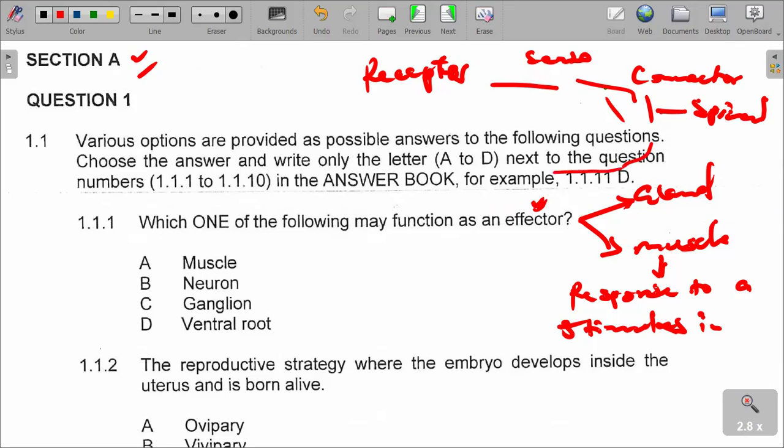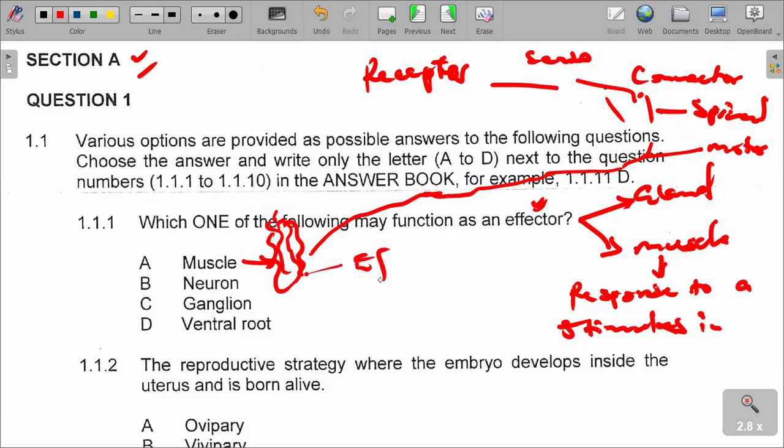We have the motor neuron, which goes and attaches itself to the effector organ. The effector can be a muscle or it can be a gland, like we just said. That's how you need to understand this.